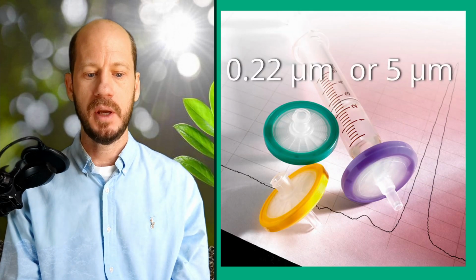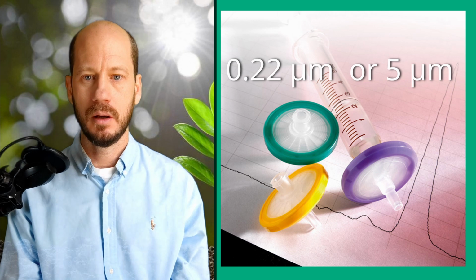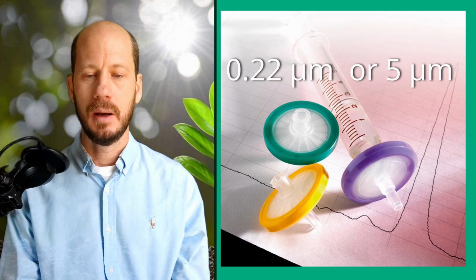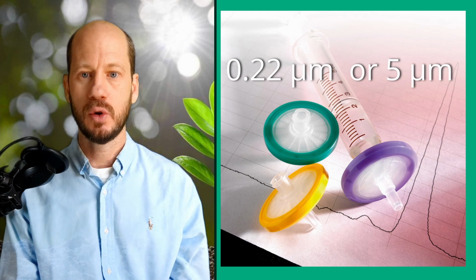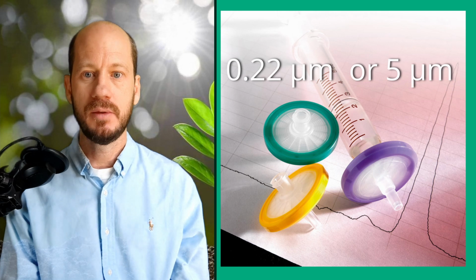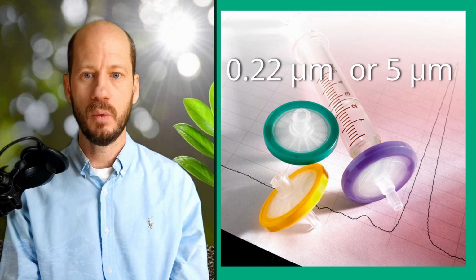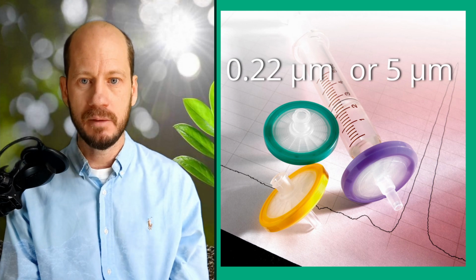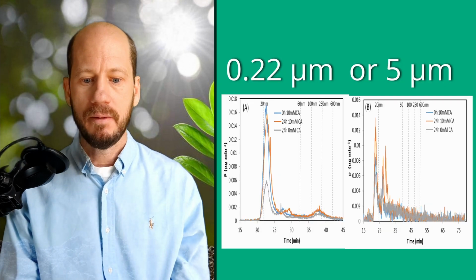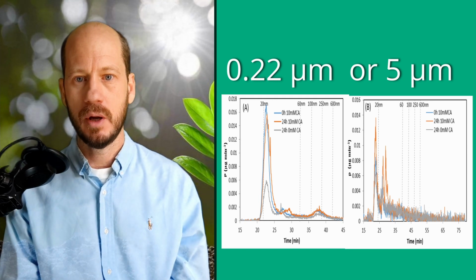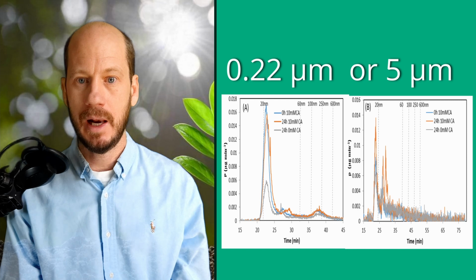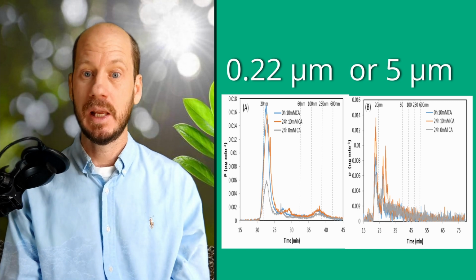There's another thing I have not mentioned. We did this fractionation by filtering the soil suspensions through different syringe filters. One syringe filter was 0.22 micrometers, and the other one was 5 micrometers. We found that the 0.22 micrometers gave us a lot better resolution for the majority of the elements, except for silica.